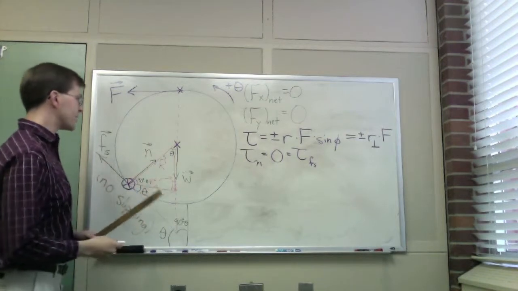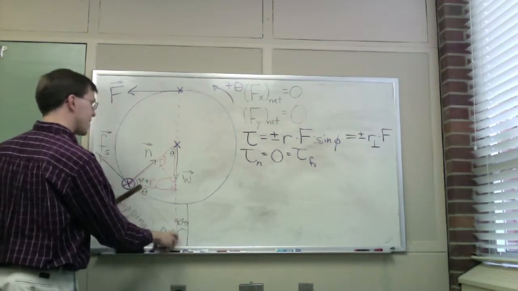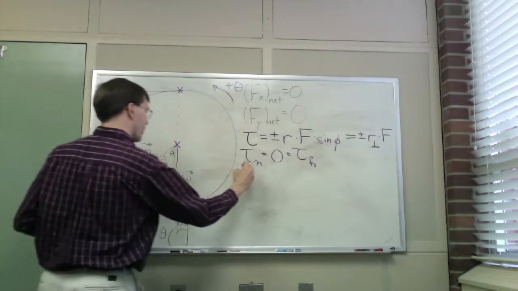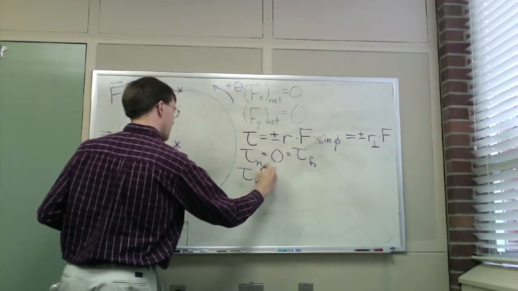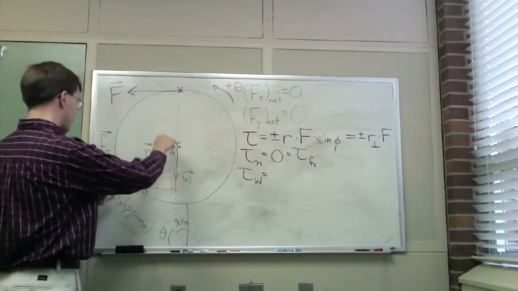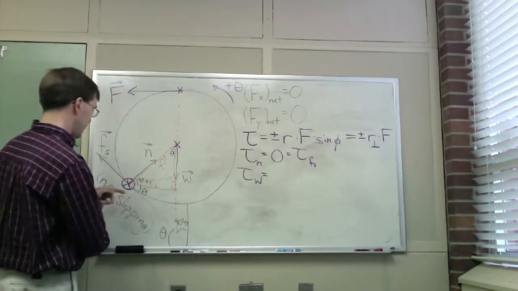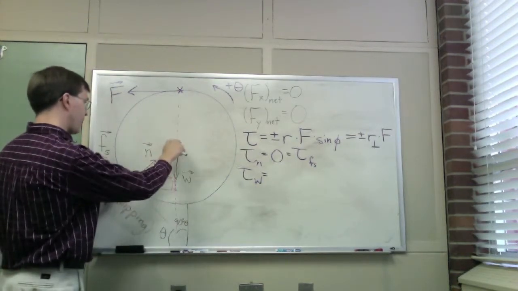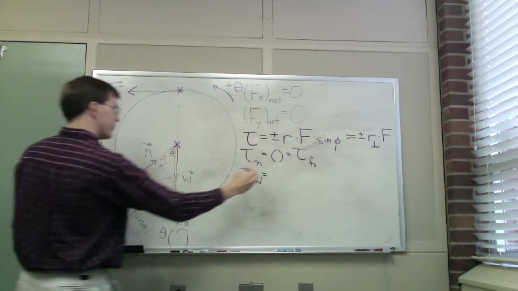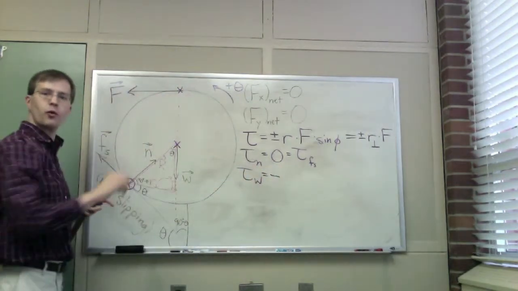So this is the angle we want. That's our theta. And so in particular, I can say then that the torque due to the weight force is going to be, well, okay, remember, it's going this way. If this is my pivot point over here, then the weight force by itself is going to create a negative torque, with our conventions for what plus theta is.